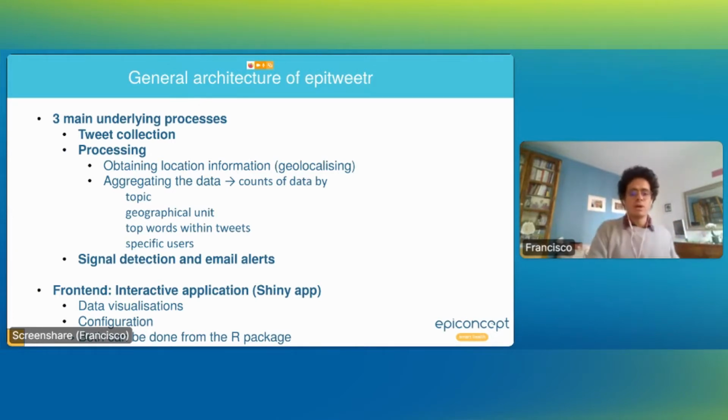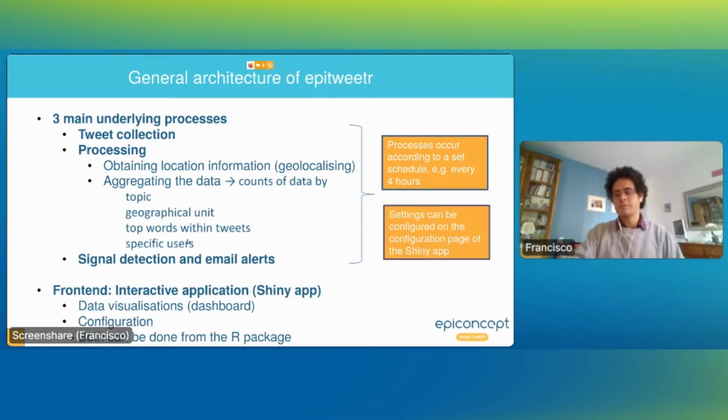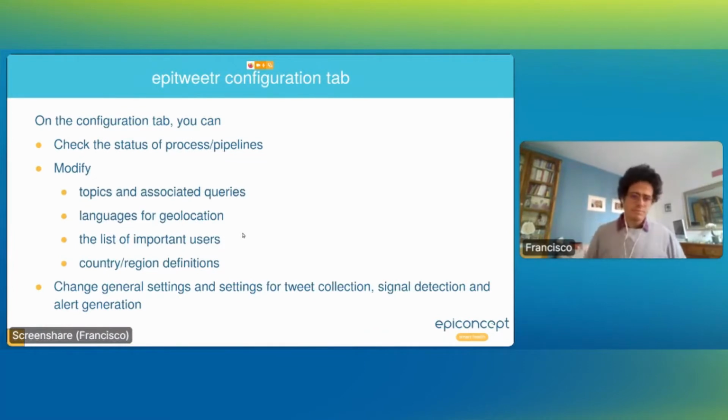And then you also have a front end, which is an interactive Shiny application that allows you to see the data visualization and make some configurations on the tool. The tweet collection happens every 4 hours, but you can customize that, and how often you will receive the alerts, and you can change all that in the configuration tab.